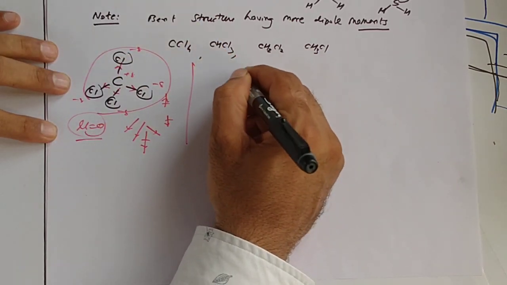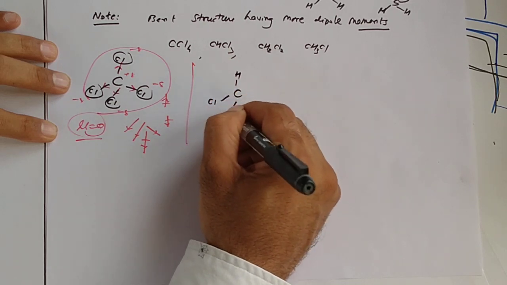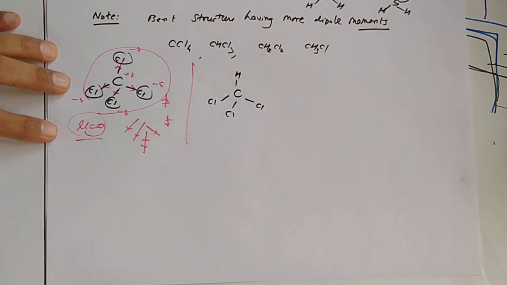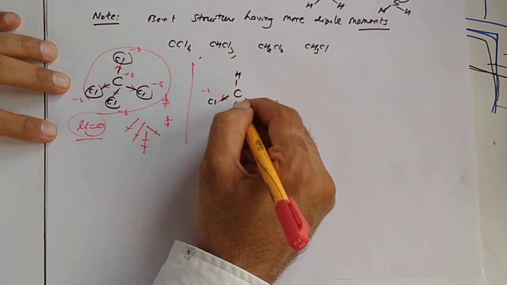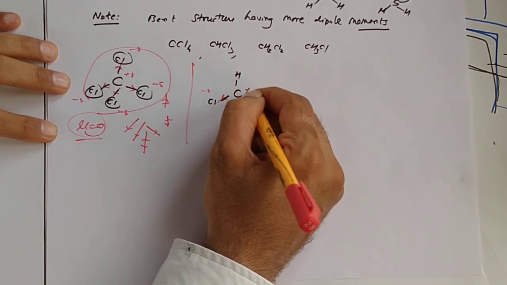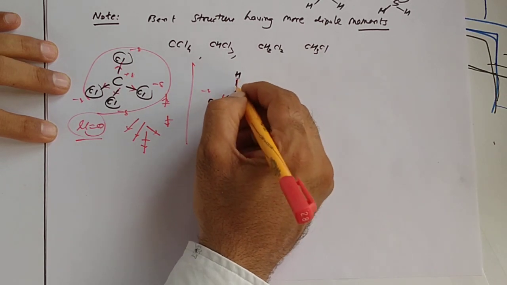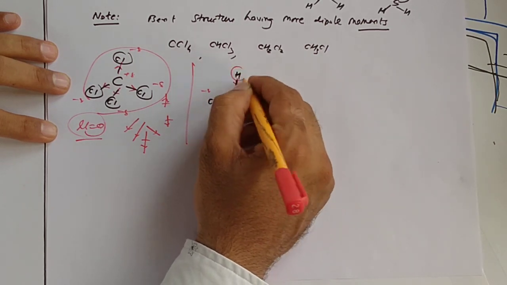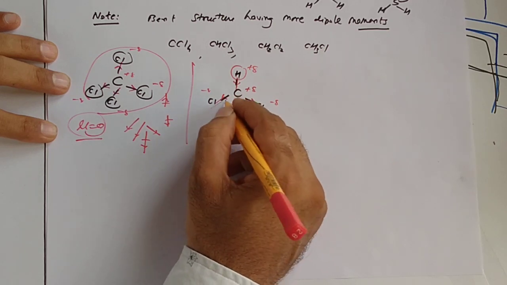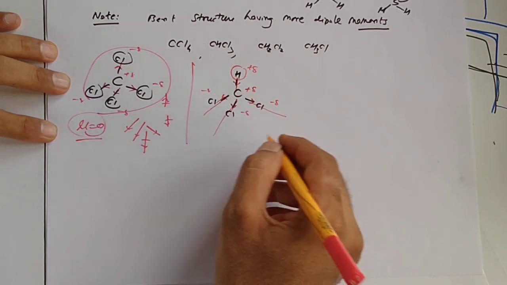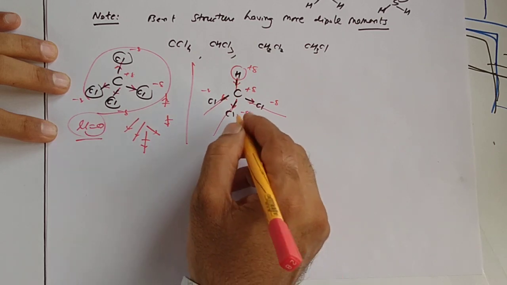Now in the second case, CHCl3, 1 hydrogen and 3 chlorine. Electronegativity of chlorine is higher, so it should be toward carbon to chlorine. In the case of hydrogen to carbon, from hydrogen toward carbon, the electron is not centralized, it divides in 3 different directions, so the average vector is less.